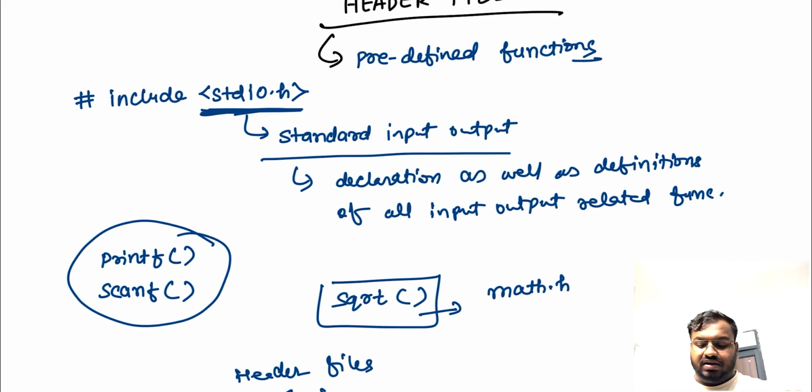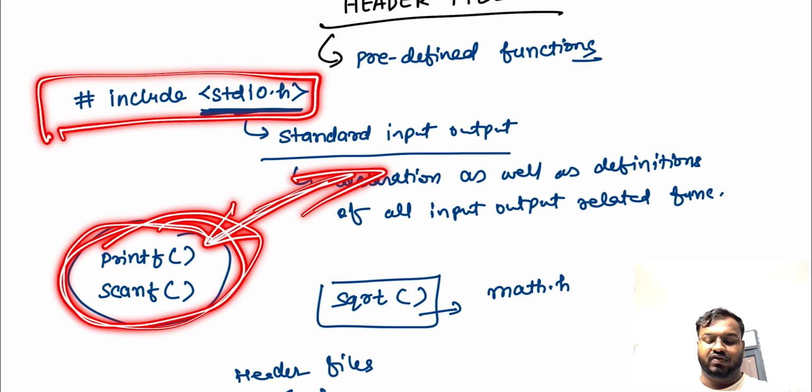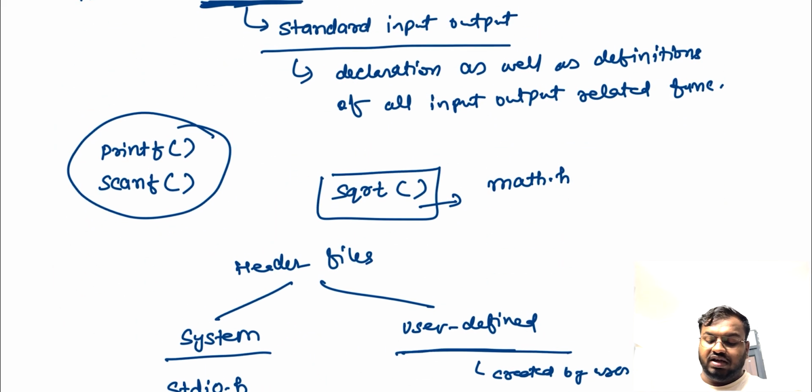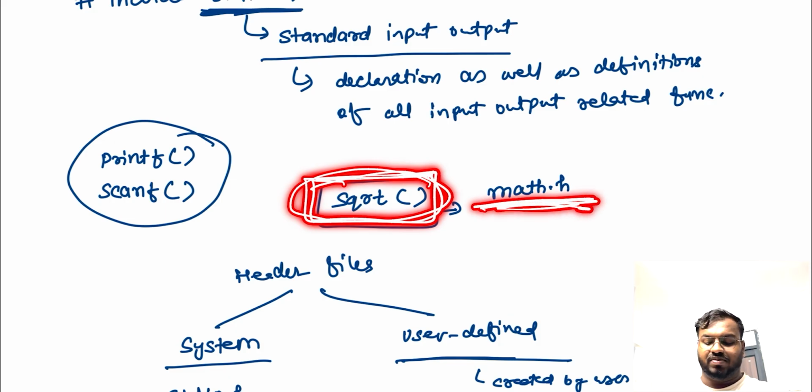If you want to use these functions in your program, you will have to include this header file. For example, there is a function sqrt that finds the square root of a number. If you want to use this function in your program, you will have to include the math.h library file.